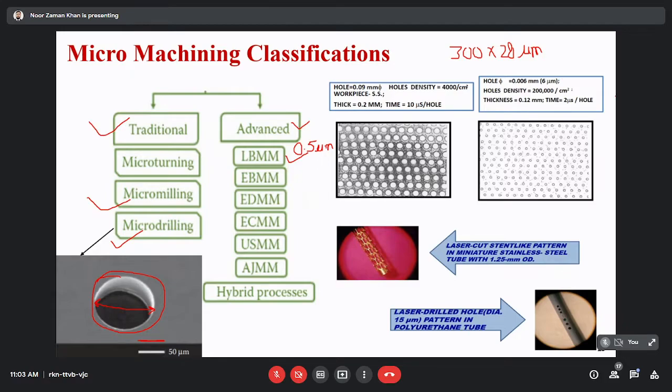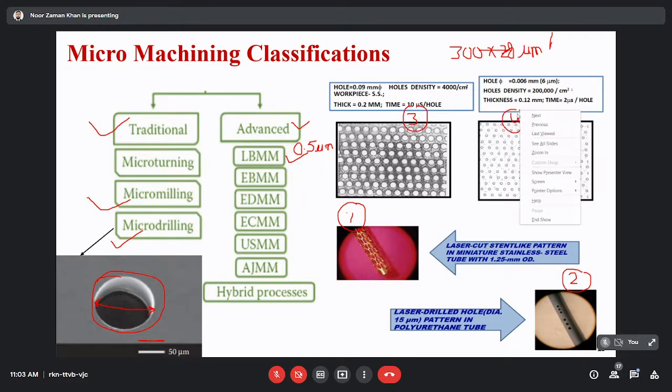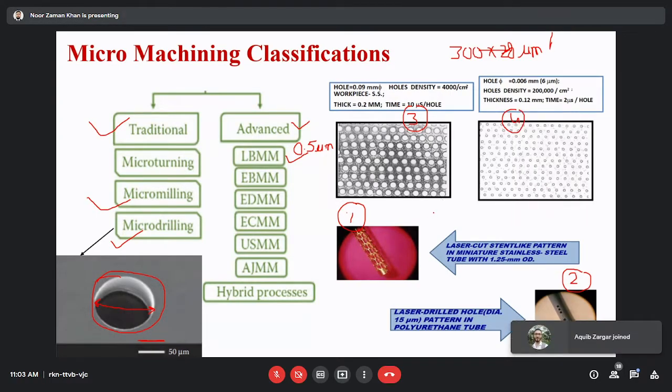If you see this figure, figure number 1, figure number 2, figure number 3, figure number 4. Figure number 1 is a laser cut stent-like pattern in a miniature stainless steel tube with 1.25 mm outer diameter.